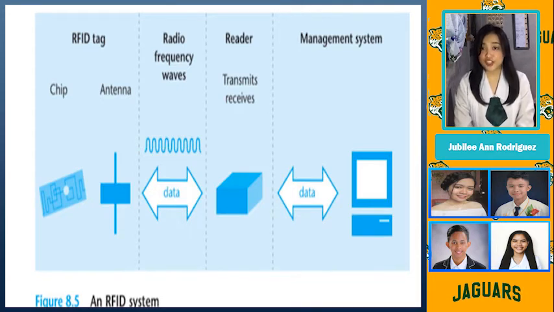A big advantage of RFID over barcodes is that the tag does not have to be directly in the line of sight of the reader. Tags can be detected by readers remotely because the radio waves pass through many materials.